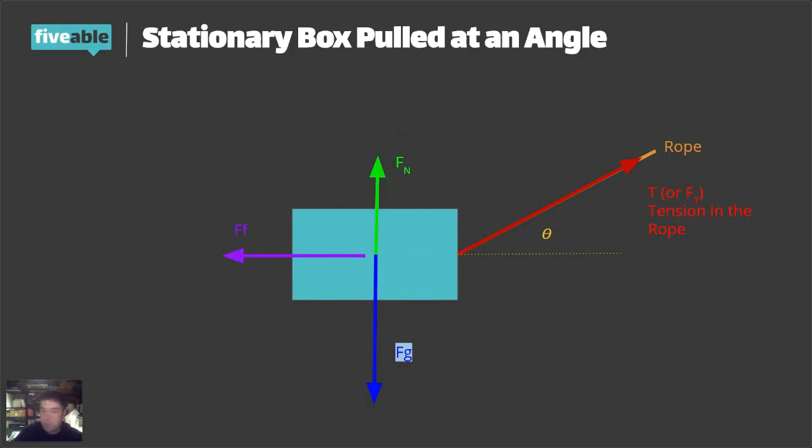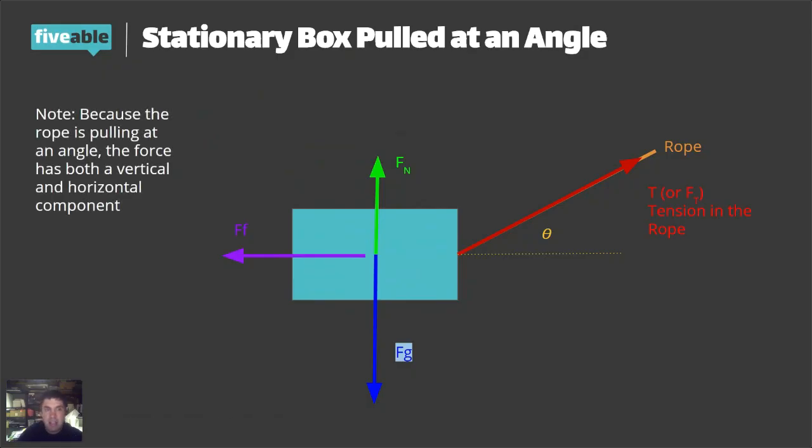But the problem here is that this rope, this tension right here, is pulling both sideways and vertically. It has both components going on here.